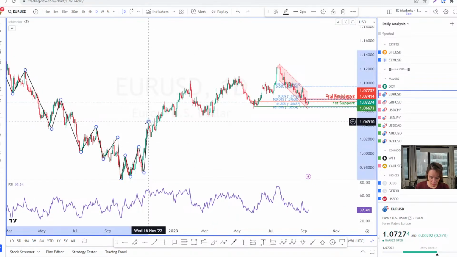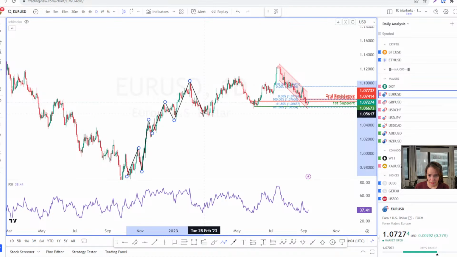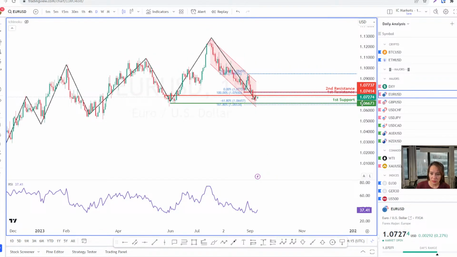Now price is making higher highs and higher lows, still higher high, higher low. So do you think price has changed momentum from uptrend to downtrend?